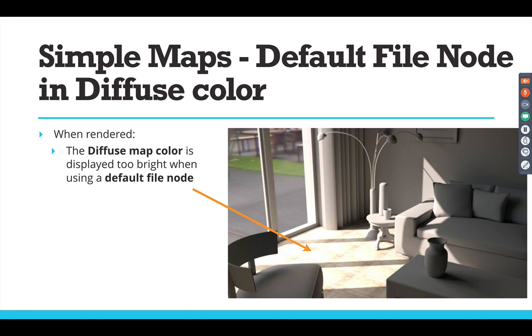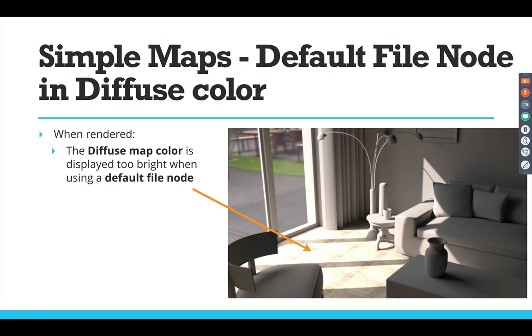That made the light behave and fall off the way it should. Well, by default, the file node that we use to plug maps in with is not linearized, because it is a Maya node. Maya nodes don't really know what they're doing outside of Maya.